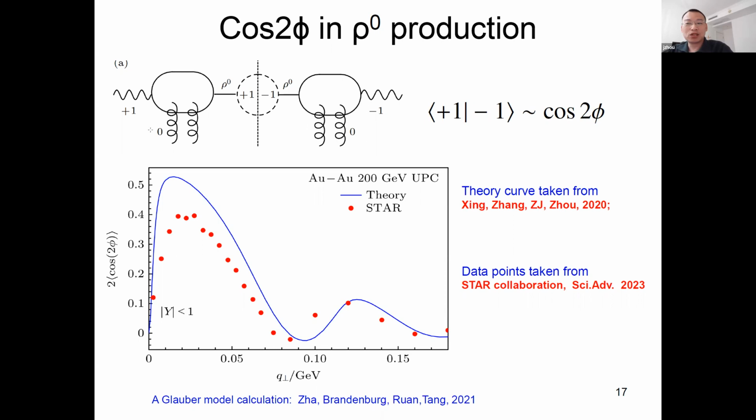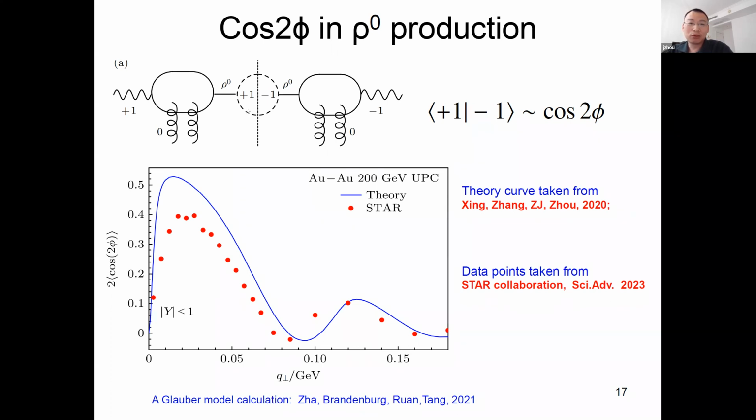The polarization information is preserved after dipole scattering. This is sometimes referred to as s-channel helicity conservation. This is essentially the consequence of the eikonal approximation. The dominant decay channel for rho zero decay is pi plus and pi minus.